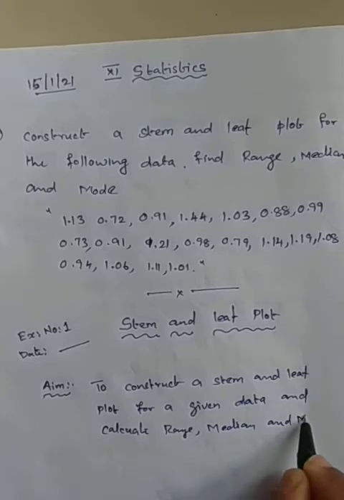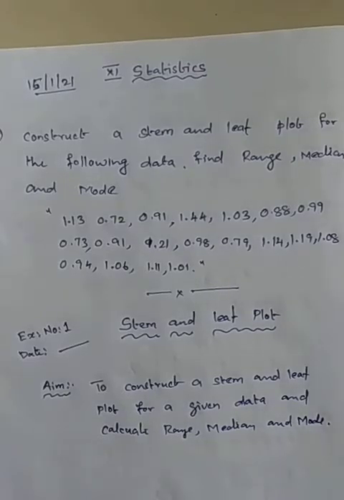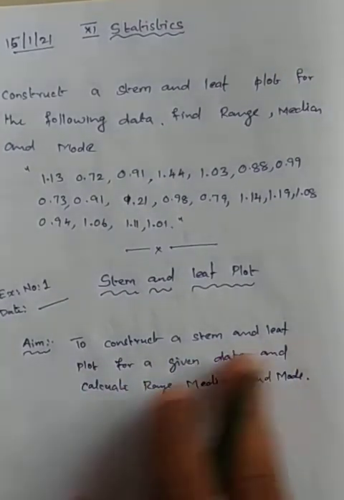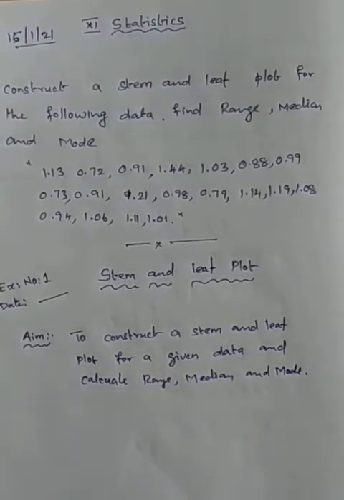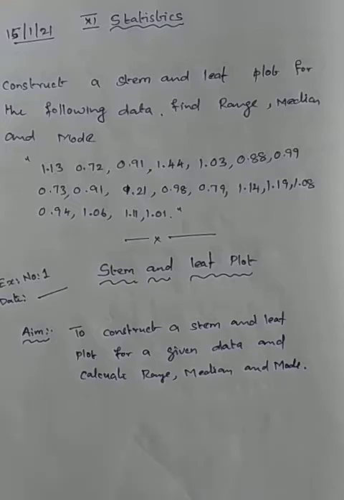So that you write. That is the aim. We want to construct the stem and leaf plot, and then from that calculate range, median and mode. Okay, so that is the first thing.